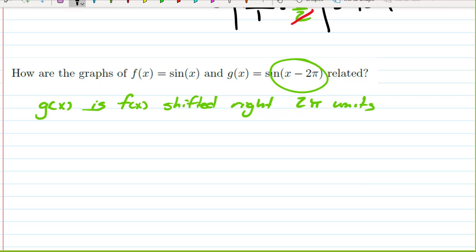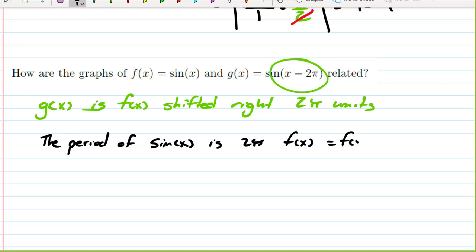But we also know the period of sine x is 2 pi. That means f of x is equal to f of x plus 2 pi for every value of x.